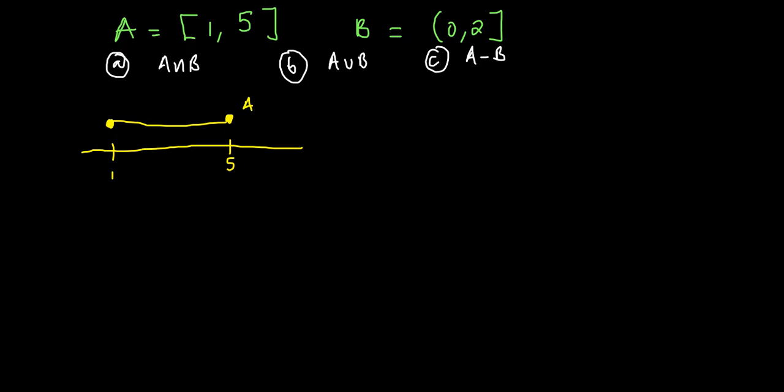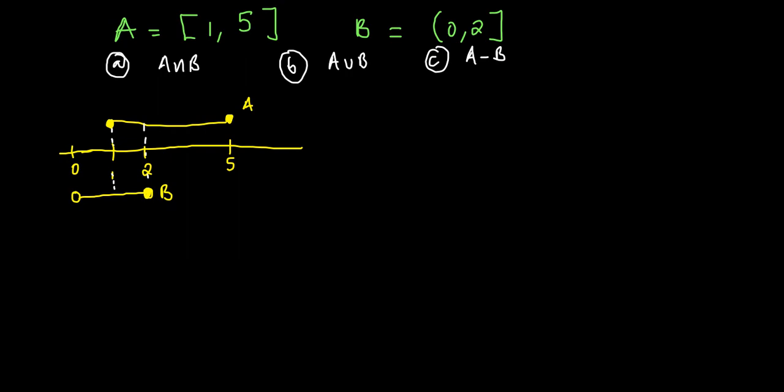Set B starts from 0. 0 is going to be on the left of 1, up to 2. 2 is going to be somewhere here. On 0 it is open, on 2 it is closed. So we'll shade there. This is set B. Remember we want A intersection B. So the intersection is where these two sets are meeting. So you do like this.